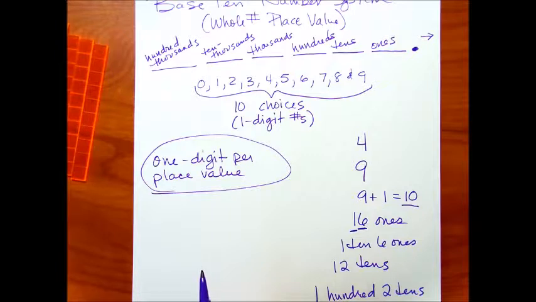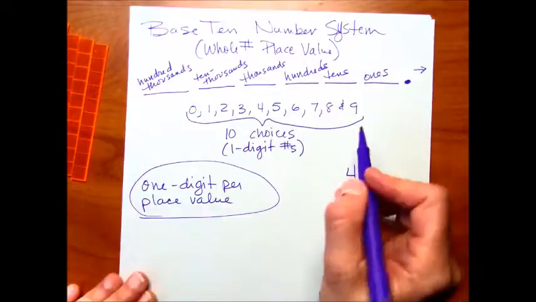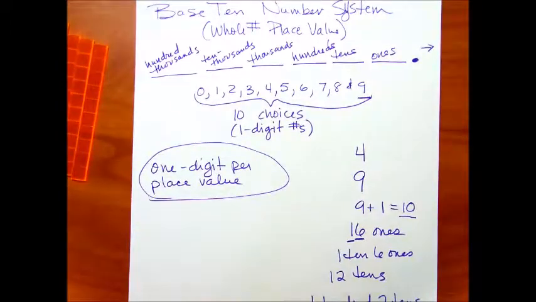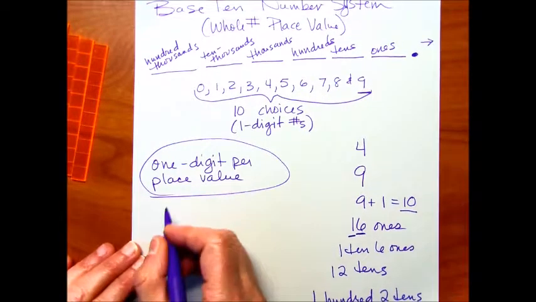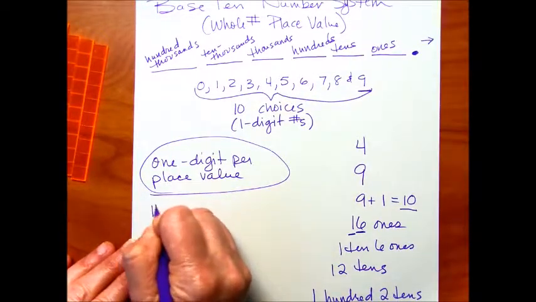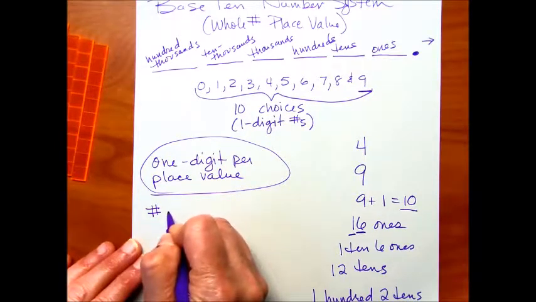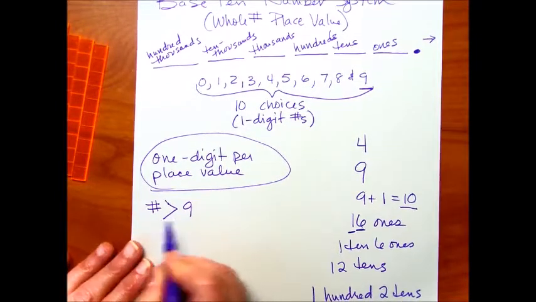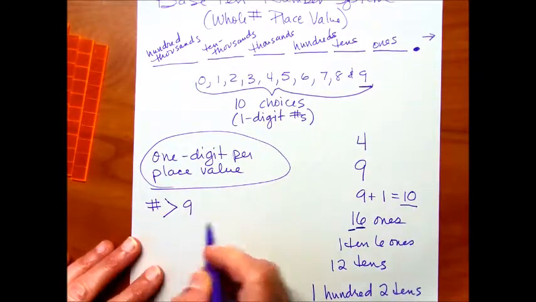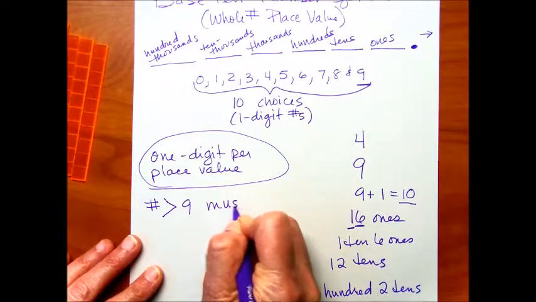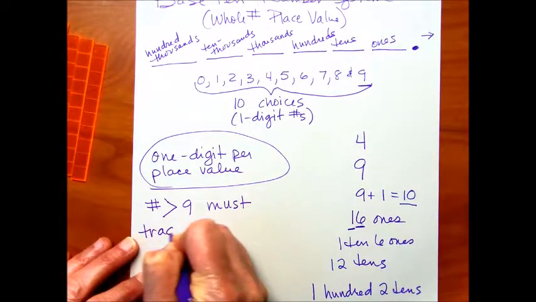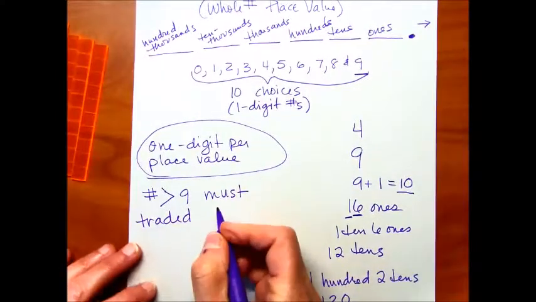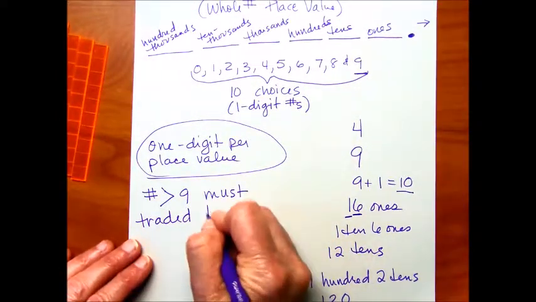The second thing that's important to note is that once we've exceeded the 9, the largest one digit, we must trade in. So a number larger than 9, this is a greater than symbol, and we'll talk about that in another video, must be traded to a larger place value.